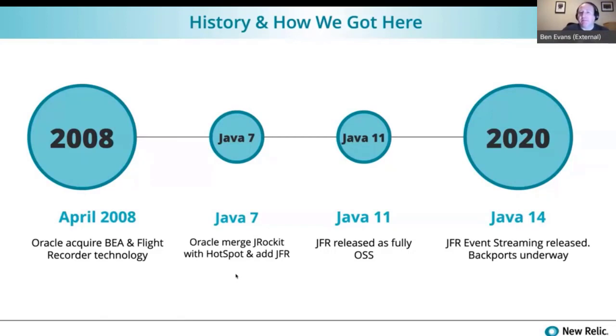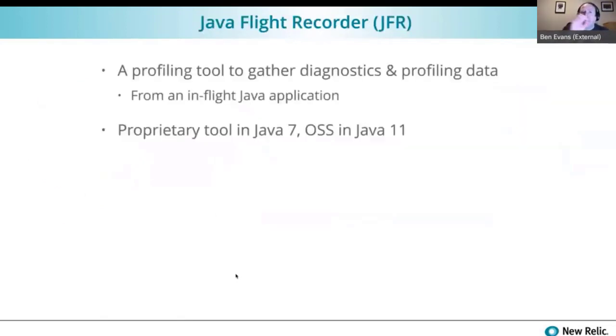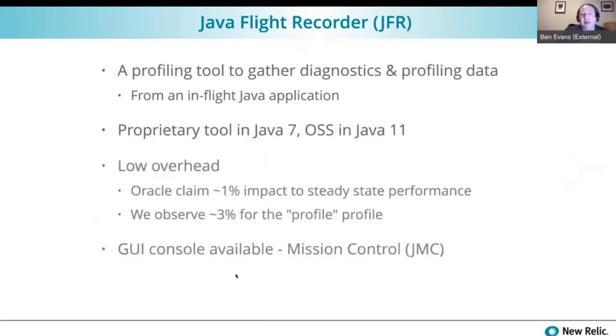Okay, so just to remind people what JFR does, there are two components. There's JFR, which is the profiling engine, which gathers diagnostics, profiling and telemetry information while a Java application is running. It is weaved deep inside the VM, and it basically touches every part of the operating and housekeeping of the virtual machine.